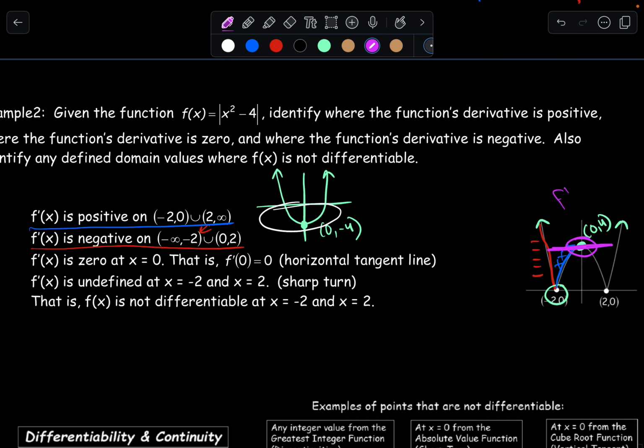Therefore, f prime of 0 is equal to 0. After that maximum, the function decreases, which means the slope is negative. So f prime of x is negative on 0 to 2. And then finally, the last tail end is going to be increasing, so the slope is positive from 2 to infinity. And then we also have that non-differentiable point at x equals 2.